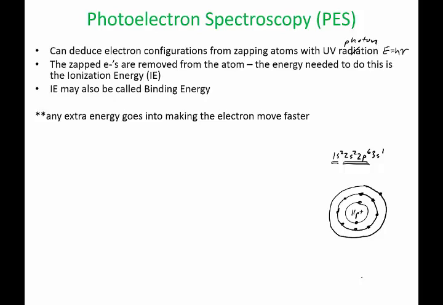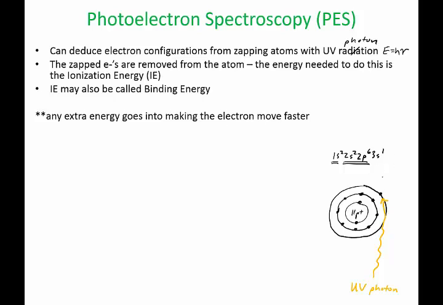Okay, so let's draw a UV photon. This is UV radiation here, and it's going to hit this electron. So here's what this says: any extra energy goes into making the electron move faster.